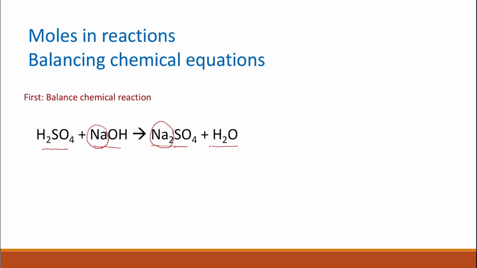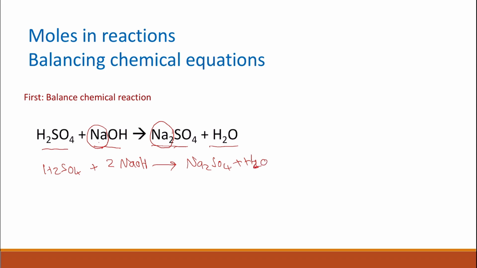So first, we need to balance this. We're going to add 2 next to the sodium hydroxide to make it 2 sodiums on both sides. So H2SO4 plus 2 NaOH will give us Na2SO4 plus water.